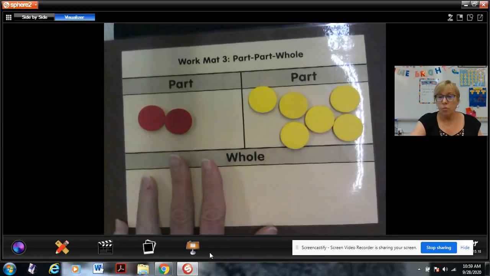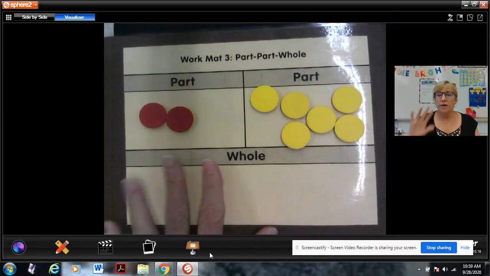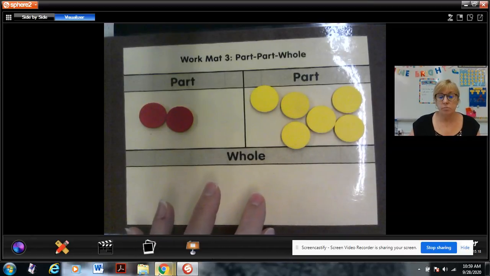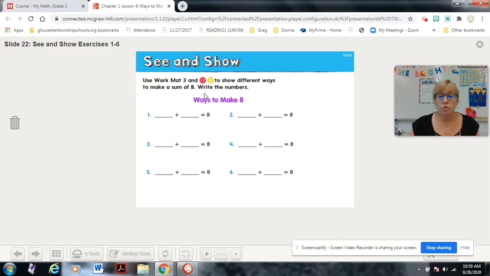So this is another way for you to make sure you can find as many different ways of the number 8 as is possible with the counters. And every time you move a counter over, make sure you print the new math sentence, okay? And then they just showed different examples.